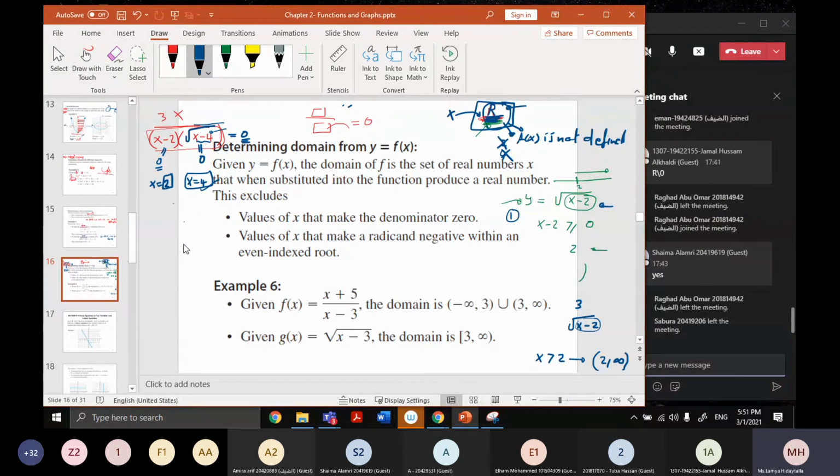Already we remove the 4. طيب يبقى we need what? We need x minus 4 to be what? This value تكون greater than 0. That means your x should be a number that is greater than 4.